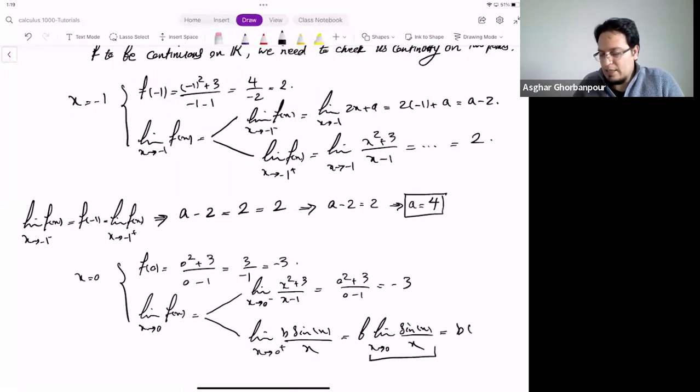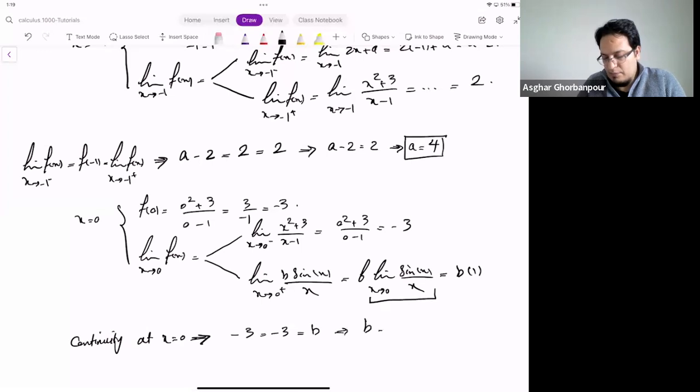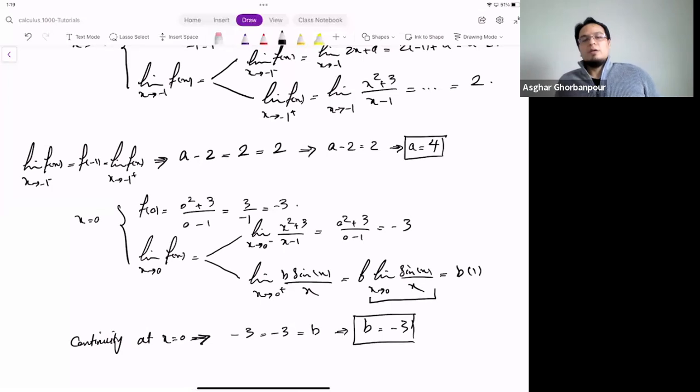So I have b times 1. So continuity at x equal to 0 implies that -3, the value of the function, the left limit, and the right limit must be equal. So that means that b must be -3. Yes, Adam, please go ahead.